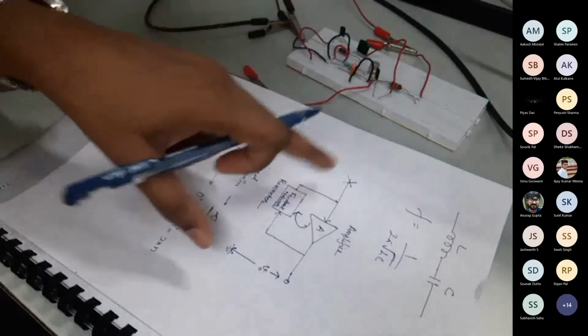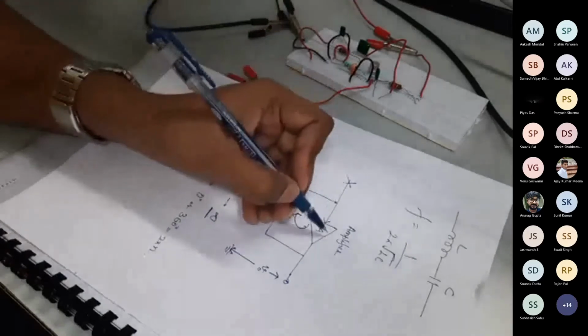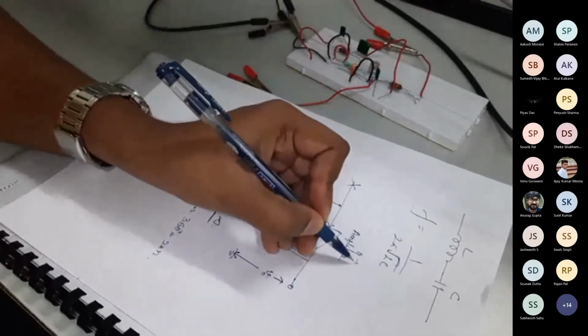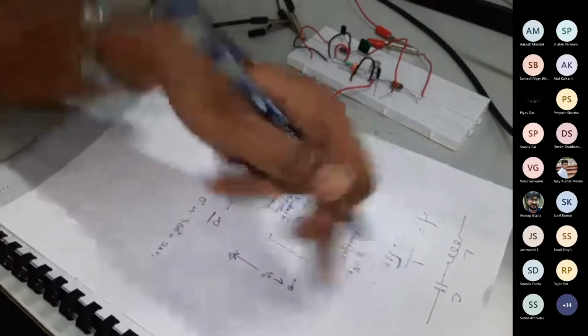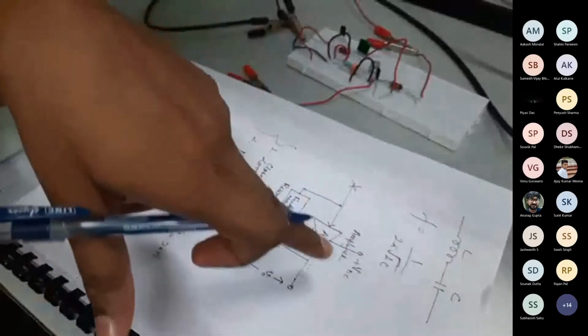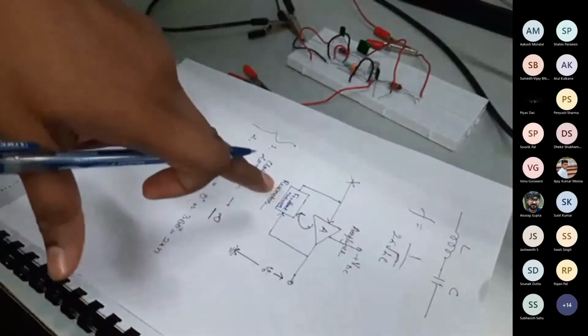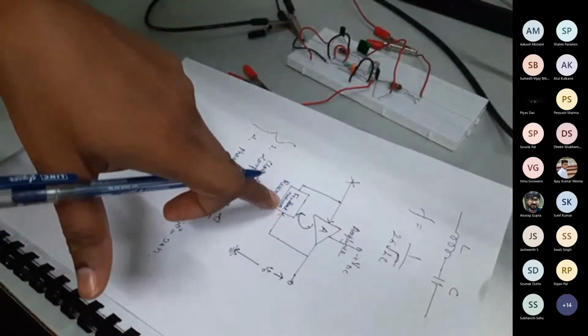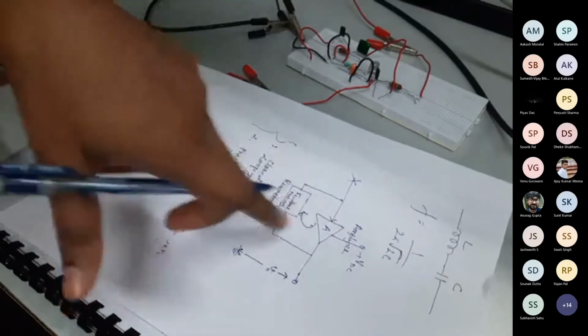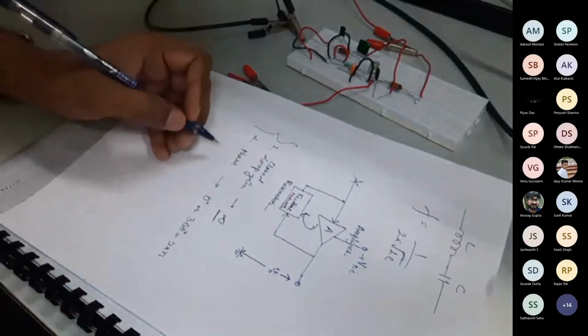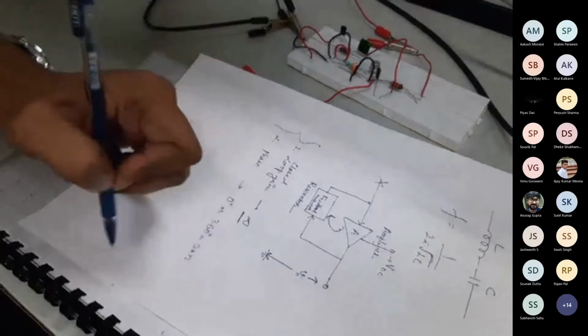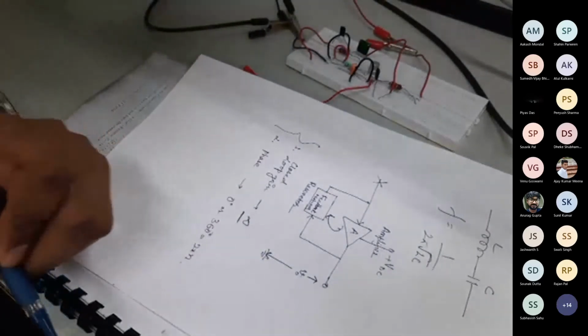Compensate the loss by giving the DC supply, plus VDC, which will compensate the loss that occurs across the feedback network.